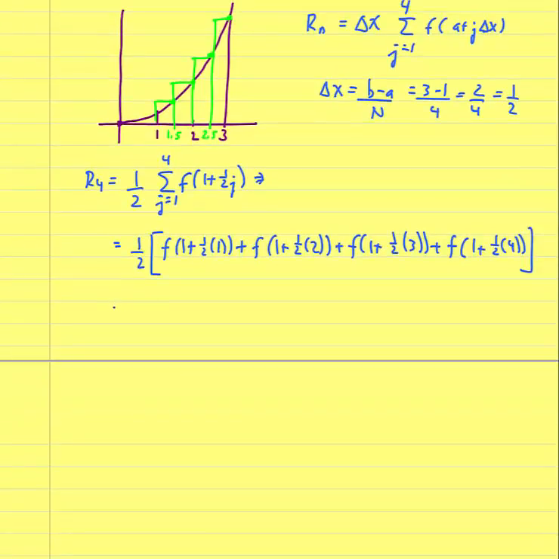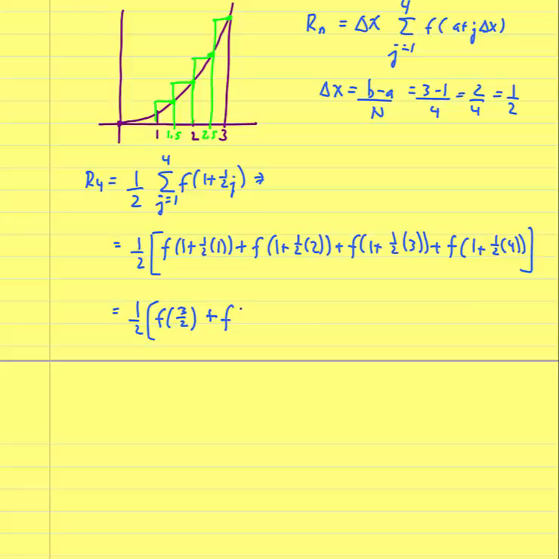So if we write this out again, this is my base out front. Now this piece right here, 1 plus 1/2, would be f of 1.5. I'll think of this as 3/2, which is equivalent to 1.5 up here.